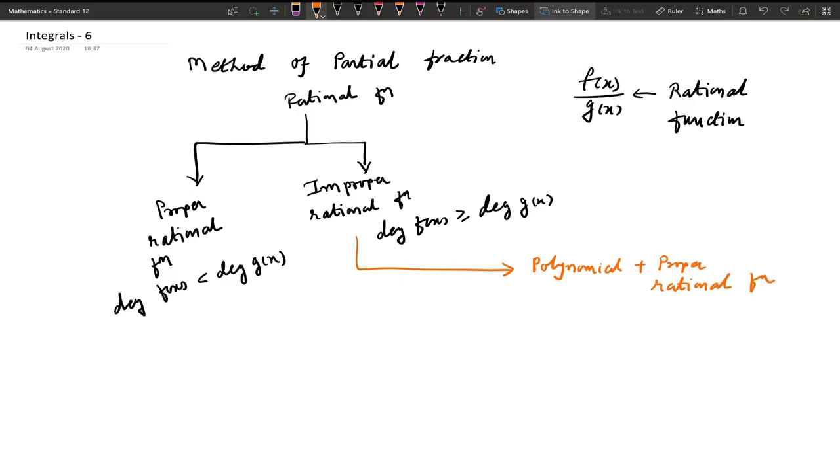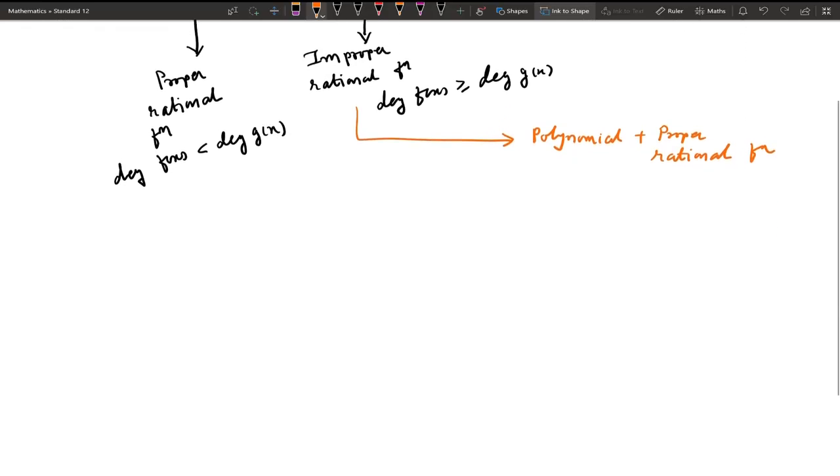So first by actual division one has to convert it as sum of polynomial plus proper rational function. Now we assume that we have a proper rational function.